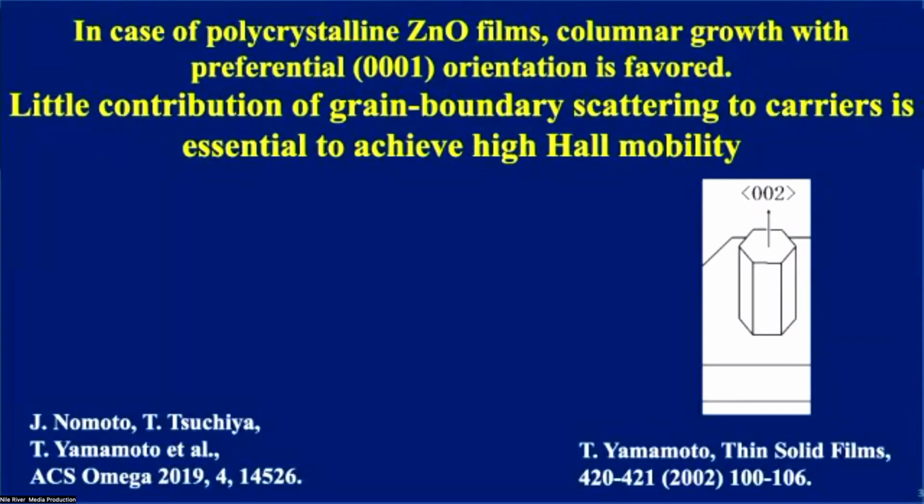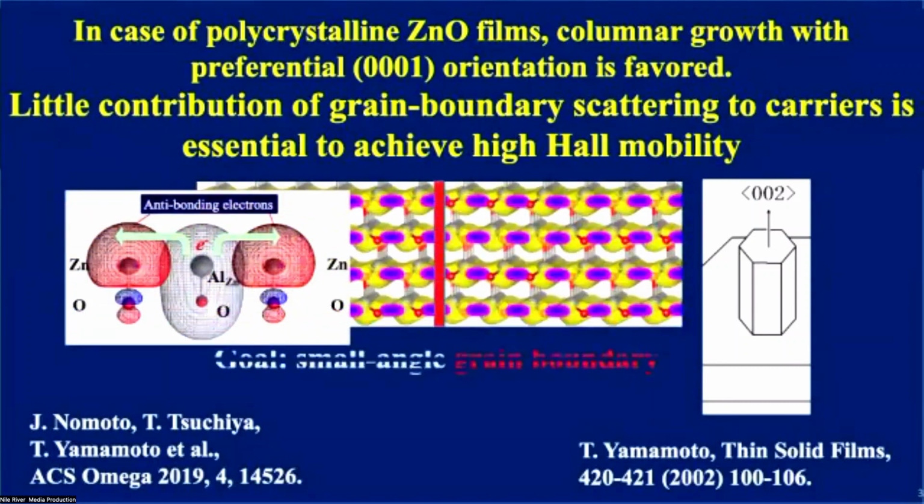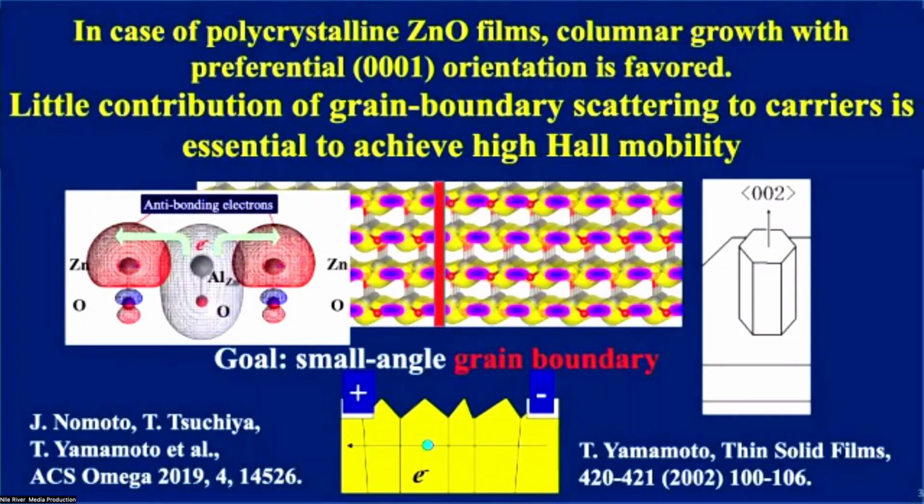I'd like to note that in polycrystalline zinc oxide films, columnar growth with 0001 orientation is favored energetically, and little contribution of grain boundary scattering to the carriers is essential to achieve high Hall mobility.